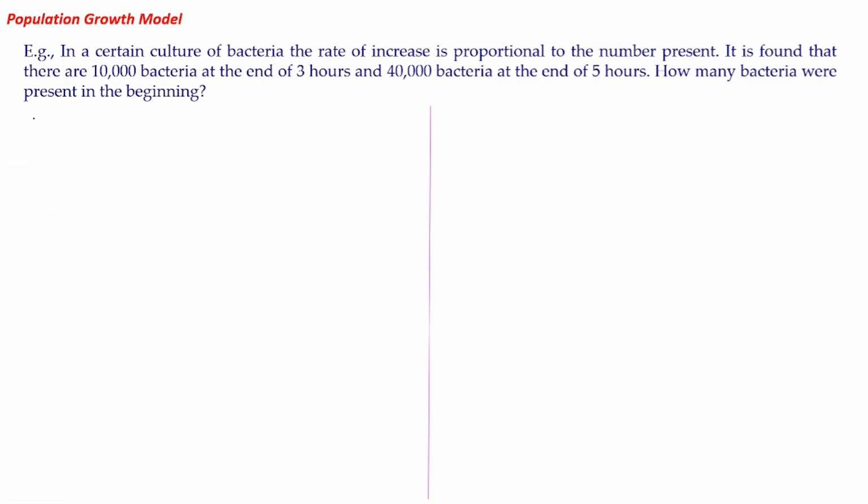So here it is given that dP/dt, the rate of increase in the number of bacteria, is proportional to the number present, where P represents the population of bacteria present.